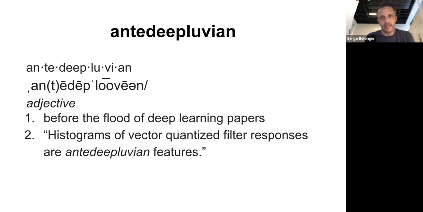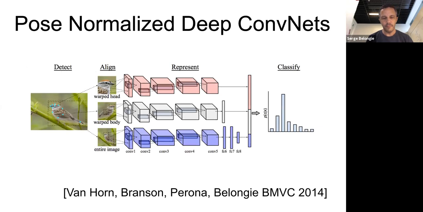We call this antediluvian. It's a play on the word antediluvian. The older members of the audience might know about things like histograms of vector quantized filter responses or shape contexts and bag of words and so on. Those are the kinds of things that our community used before deep learning got really big.